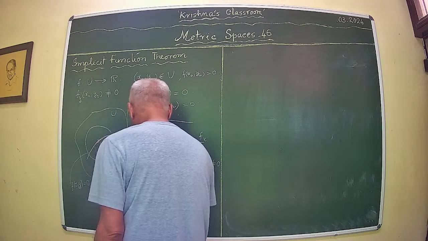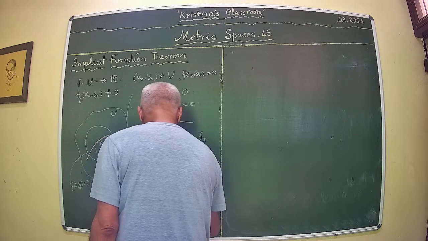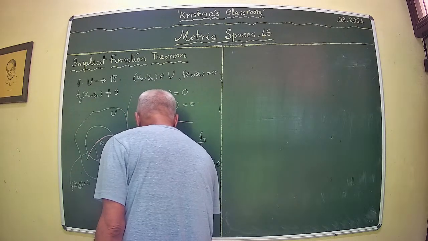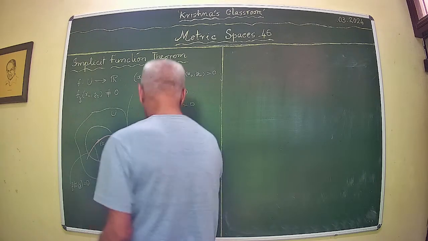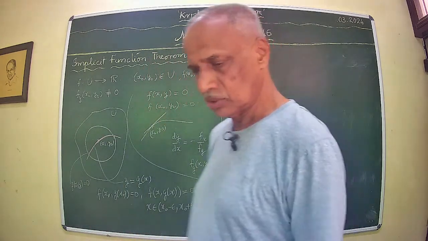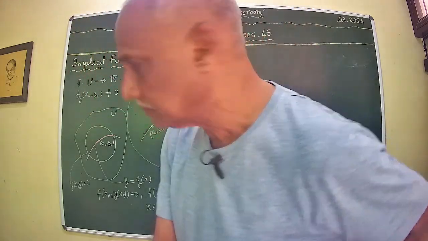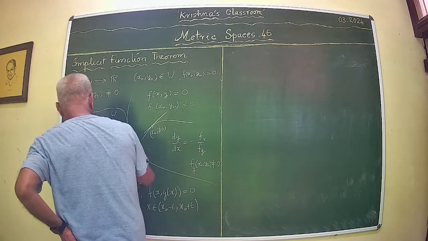So f of x, g x equal to 0 for this one. So you are talking about that, and what we assert is that there is a well-defined tangent.